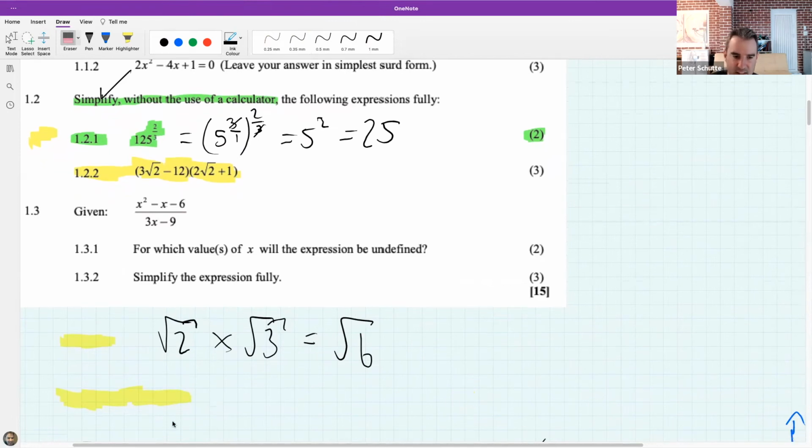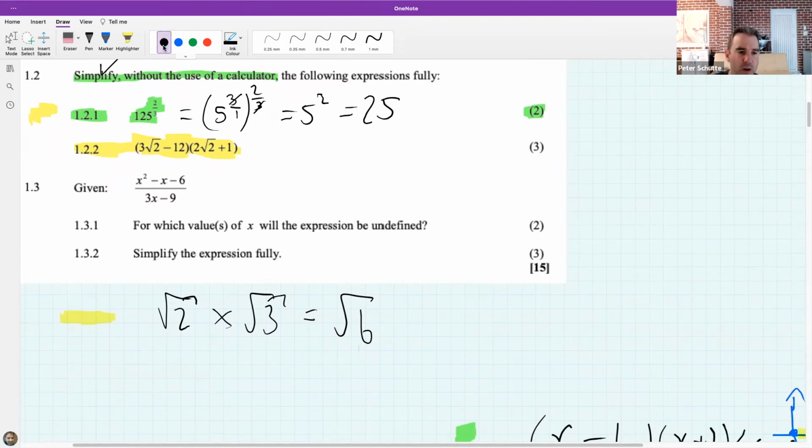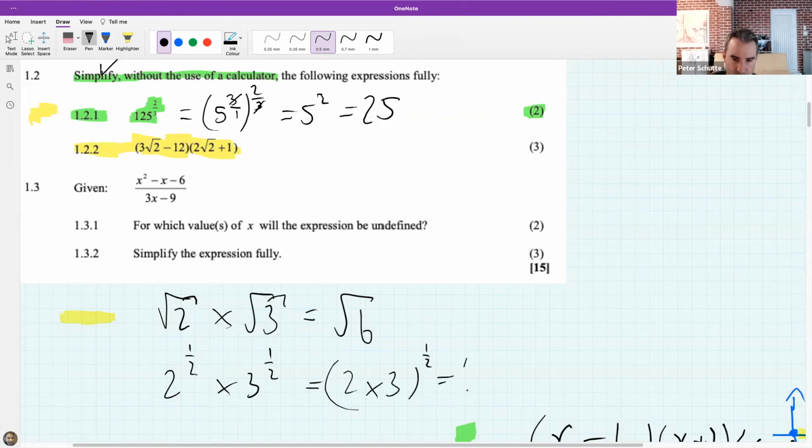And this makes sense because the square root is really just the same as the power of a half. Essentially, in exponential land, we could easily write that as that. So see if you can use some of that idea as you try and do the yellow one now.